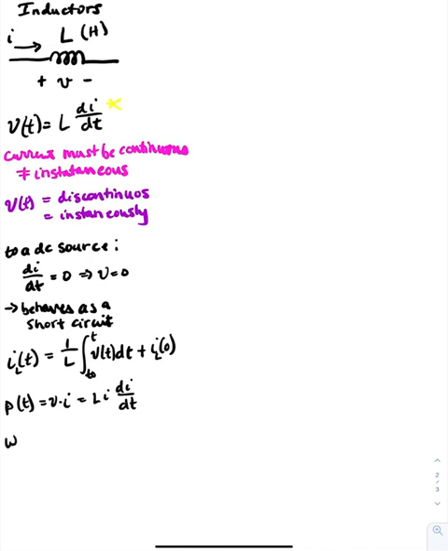And the energy stored in an inductor is the integral of the power, and that is expressed as 1/2 L i squared.